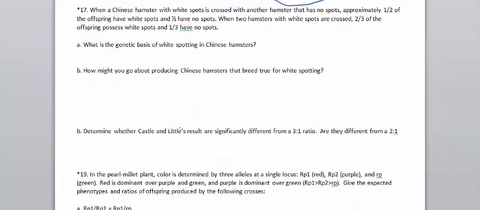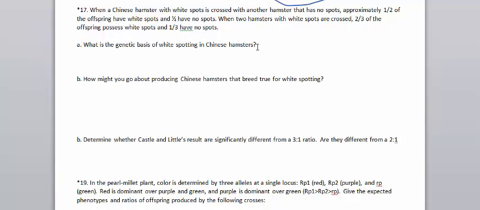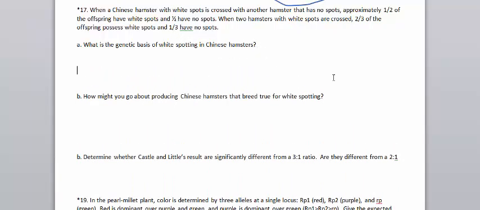Here's an example with Chinese hamsters. We've got a Chinese hamster with white spots. It's crossed with another hamster that has no spots. So just at the phenotypic level, we'll call it spots crossed to no spots.